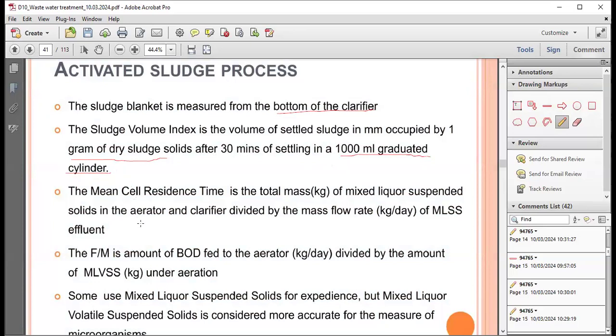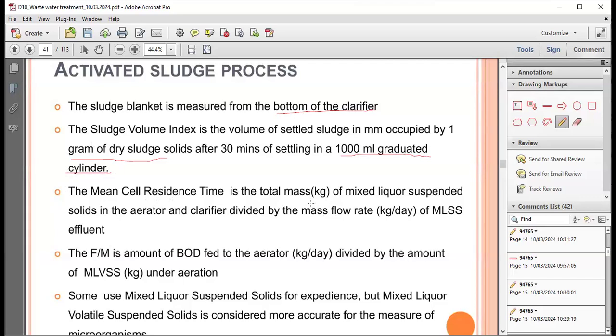The mean cell residence time is the total mass in kilograms of mixed liquid suspended solids in the aerator and clarifier divided by the mass flow rate. This is one of the calculation parts.